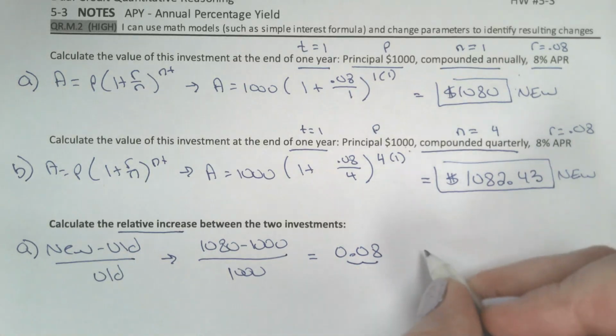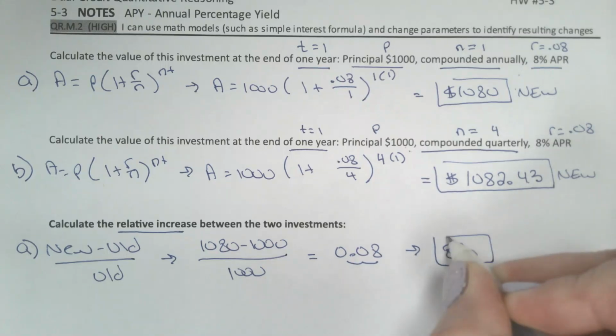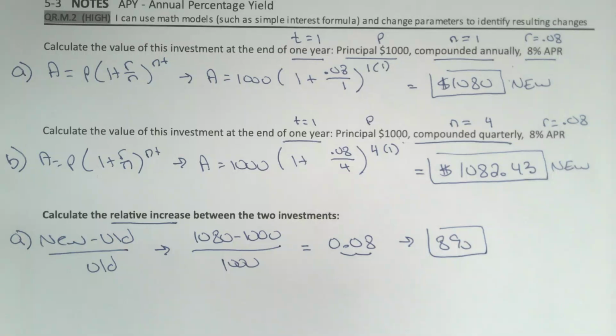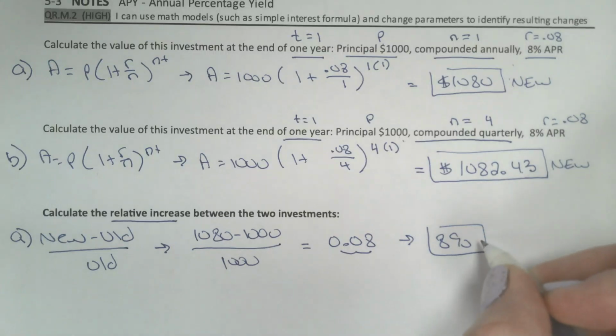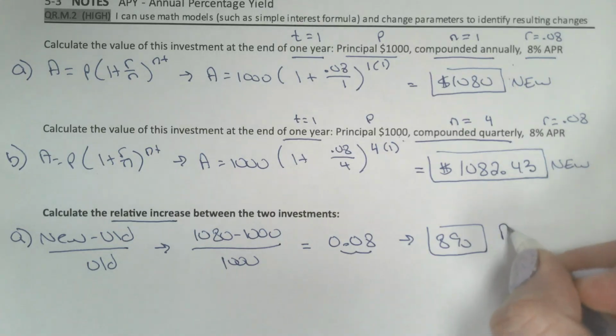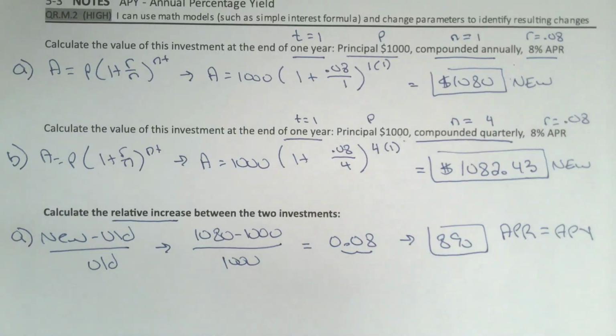I moved it 2 spaces to the right, and I got 8%. Maybe you're thinking, this isn't very dramatic, Kathy. Well, here's what we did. In this one, this annual percentage rate equals your annual percentage yield because I only compounded once a year.